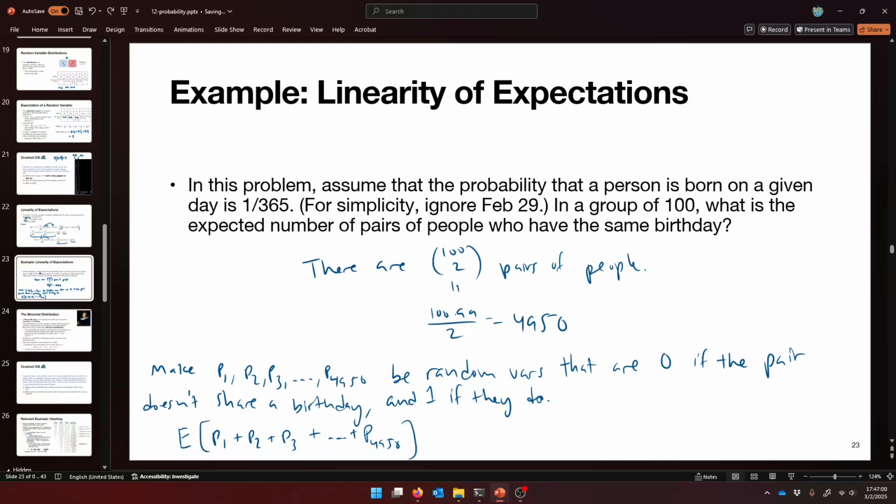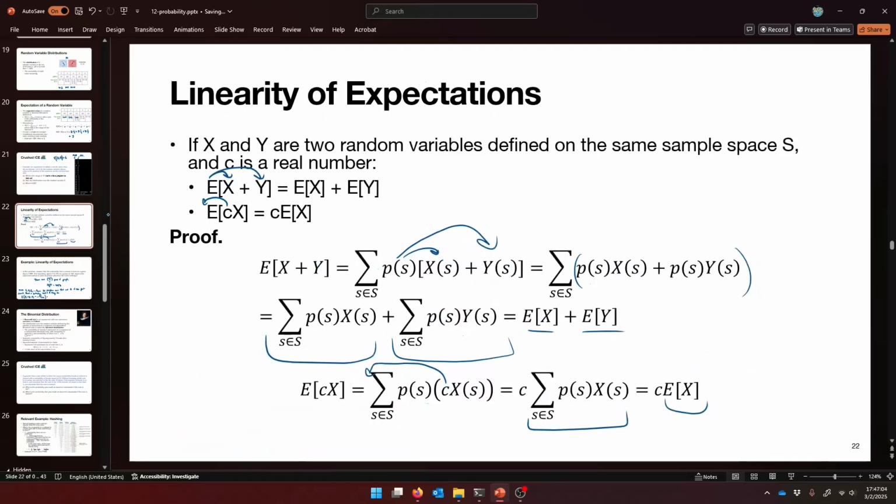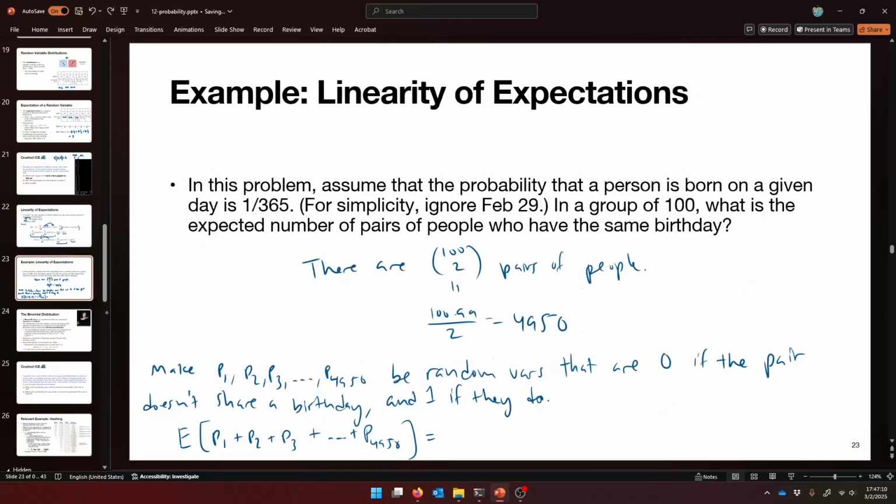And because of linearity of expectations, I can distribute that. I can just take the sum of all those individual expectations. This is equal to the expected value of just the first pair, plus the expected value of just the second pair. And then we're gonna do some nice tricks in just a second.